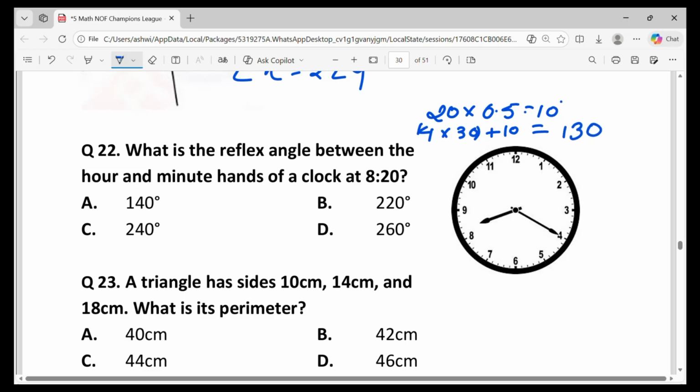The reflex angle is 360 minus the angle between hands, that is 360 minus 130, that is equal to 230. That is option C, 230.